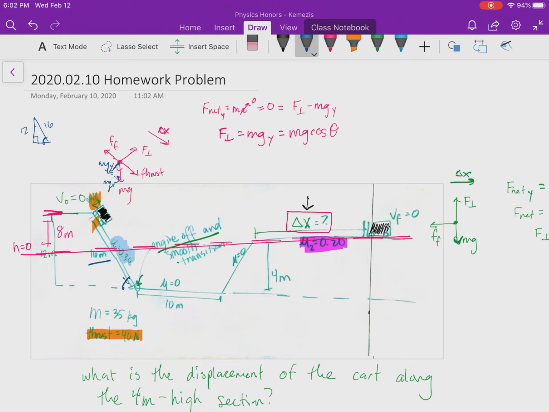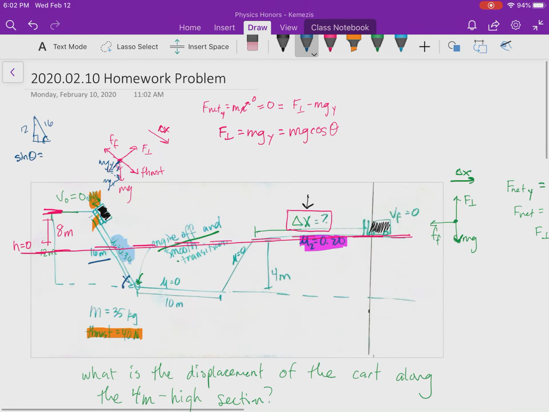Because we know that this angle refers to the angle that mg makes with the defined y-axis. So we can use the sine function, right? Sine theta is opposite over hypotenuse. And if we do the inverse of sine, right, because we want theta by itself, opposite is 12, hypotenuse is 16. In class I didn't solve for it, I just plugged it in, but I'll solve for it now so we can get a number for our angle.